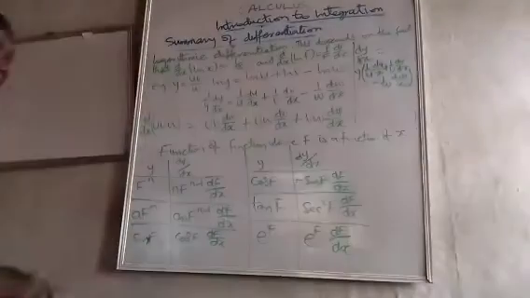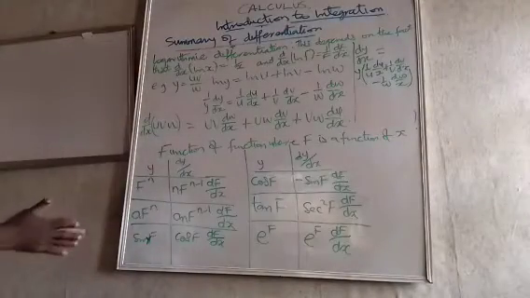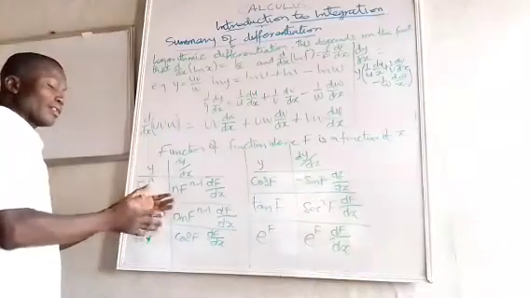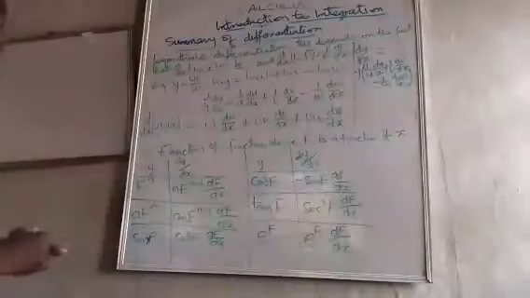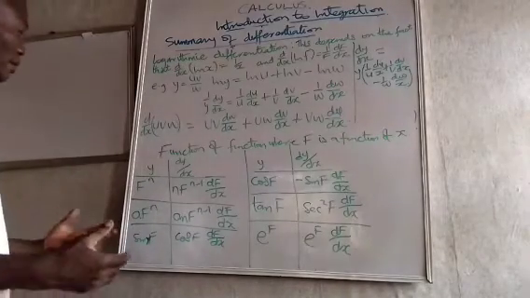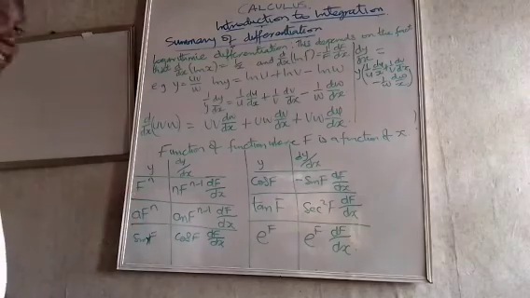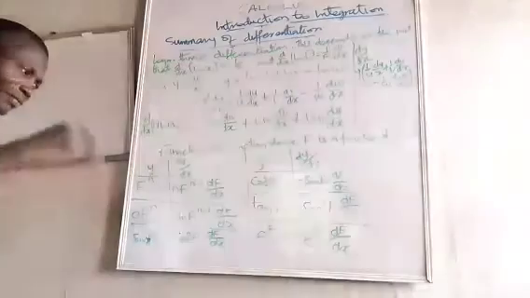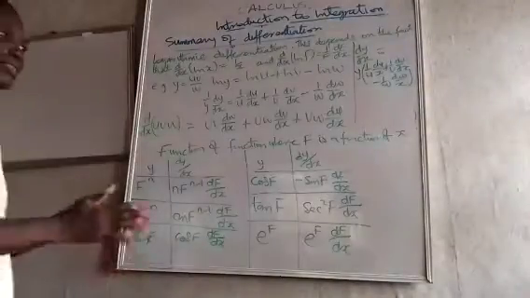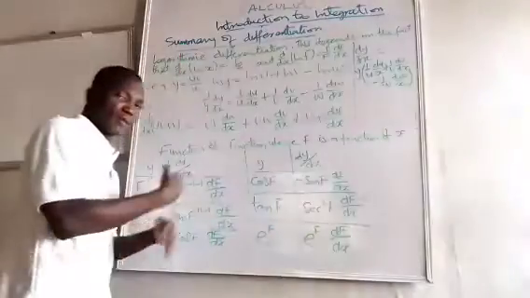So with this, I think we have covered major results of the differentials and the technique of getting the differentiation. Now let's look at integration proper. As I've said, integration is just a reversal of differentiation.